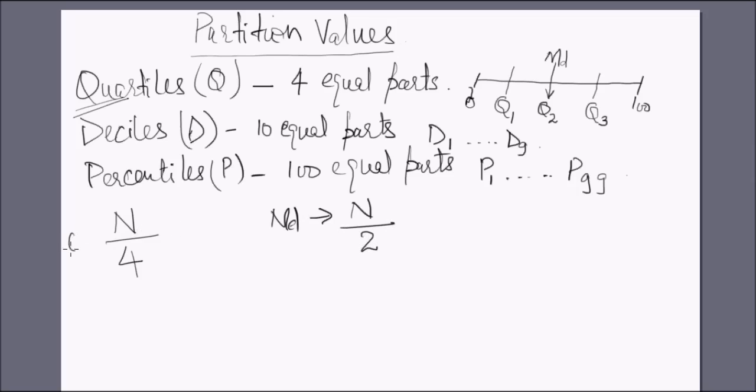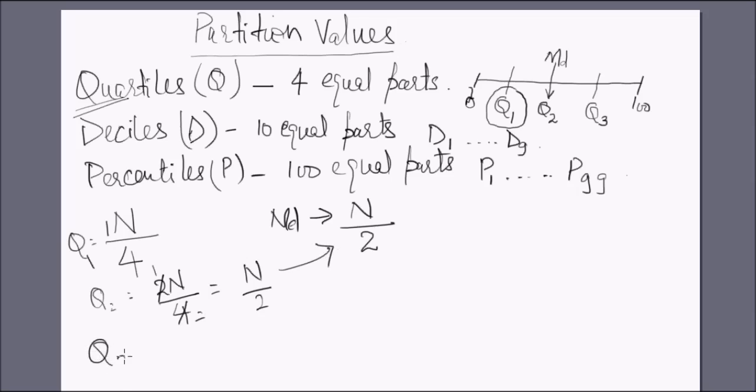Here for quartiles we will take n divided by 4, and depending on which quantity I want, I will multiply this value. So in case I want Q1, I will multiply it by 1. If I want Q2, I will multiply it by 2, so it will be 2n by 4, and this 2n by 4 is nothing but n by 2, which is same as that of median. And for Q3 it will be 3n by 4.